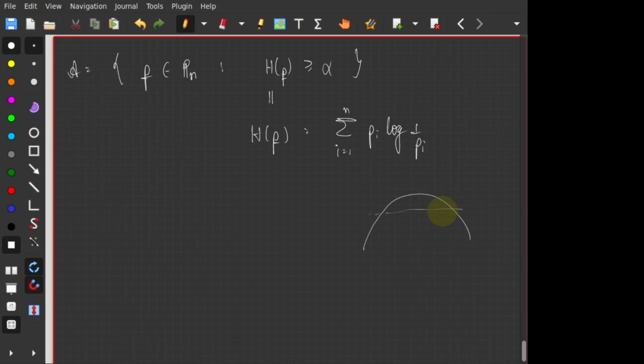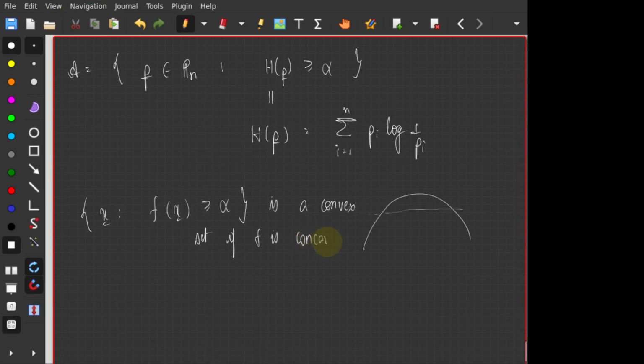We'll see in maybe the next class that if f is a concave function, then the set of all x such that f of x is greater than or equal to alpha, for any alpha, corresponds to a convex set. And you can think of it visually, right?